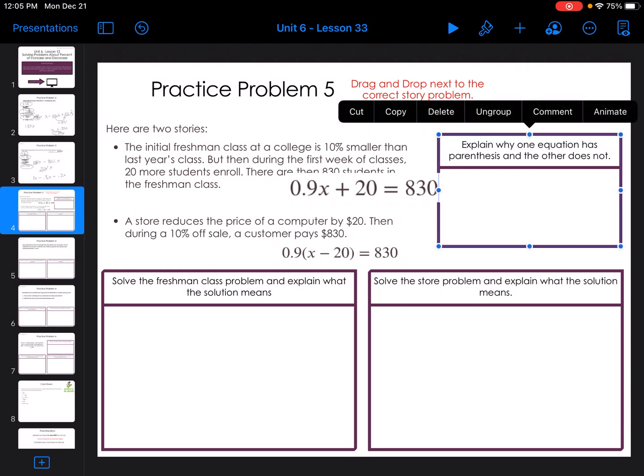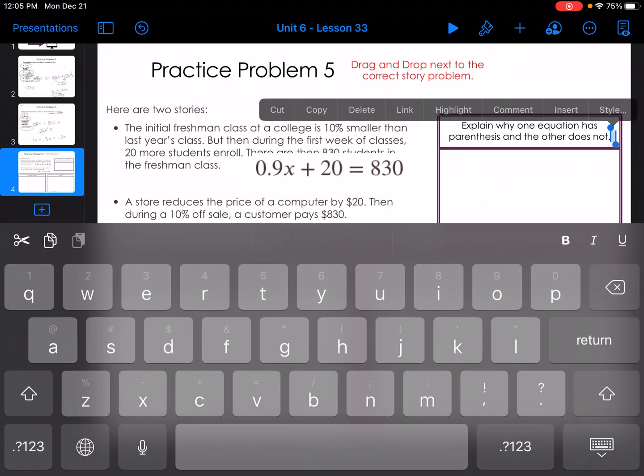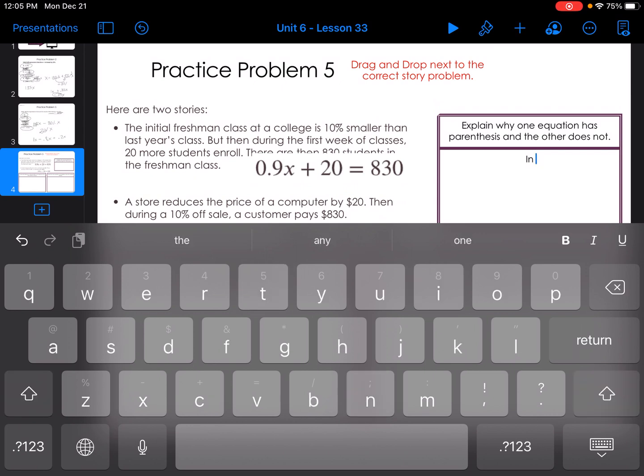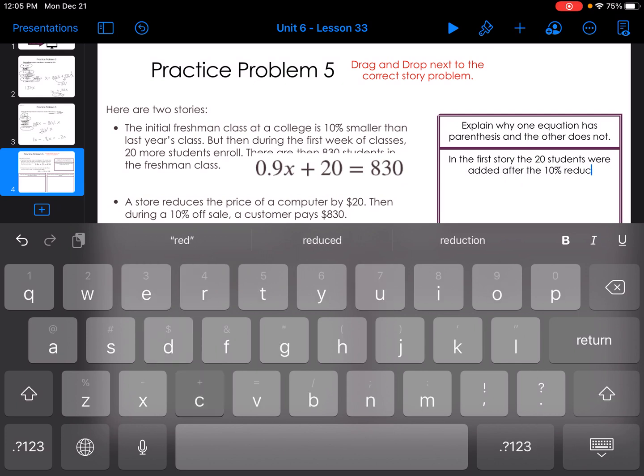All right, explain why one has parentheses and the other does not. Okay, well, let's think about this. What do I know? I know in the first story, the 20 students were added after the 10% reduction.